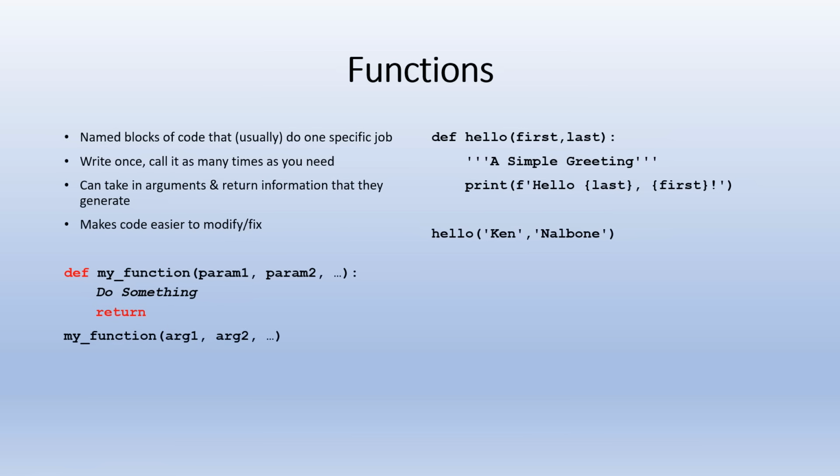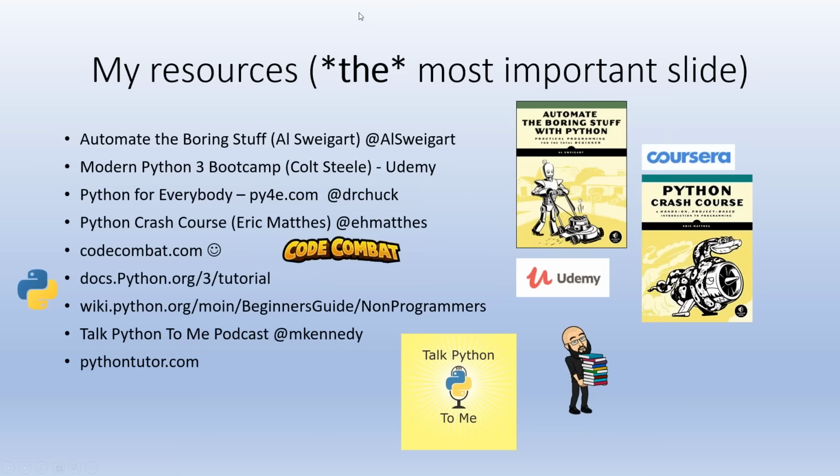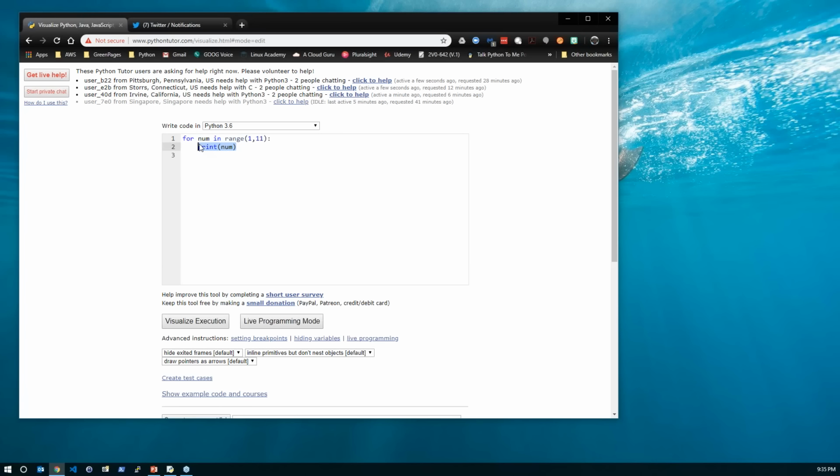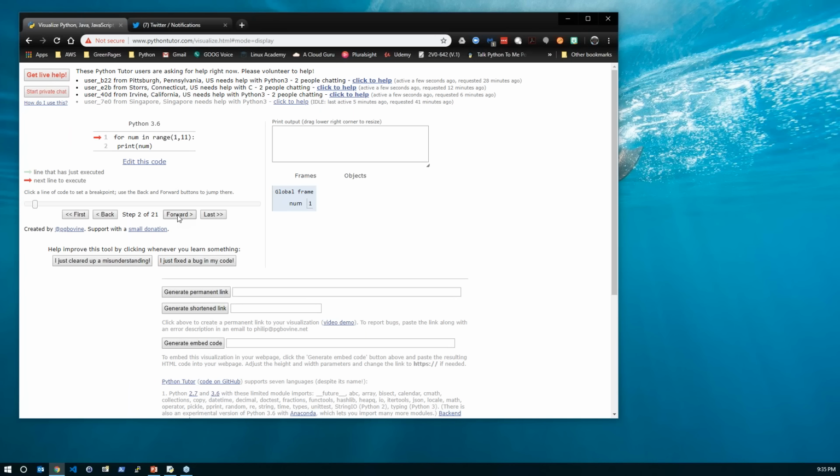I forgot to mention this: Python is very space sensitive. When you're creating code in Python, if you don't have the correct number of spaces in your function definitions or your for loops, it will fail. If you say for num in range colon and hit enter, it spaces itself appropriately. But if for some reason you do something stupid like this and hit visualize execution, it should crap out.